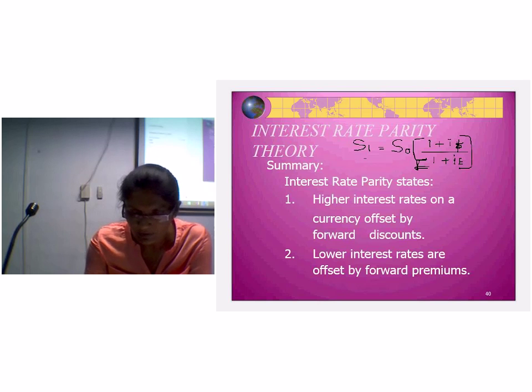This is the forward rate, the expected future spot rate, right? Higher interest rate on a currency is offset by forward discount.